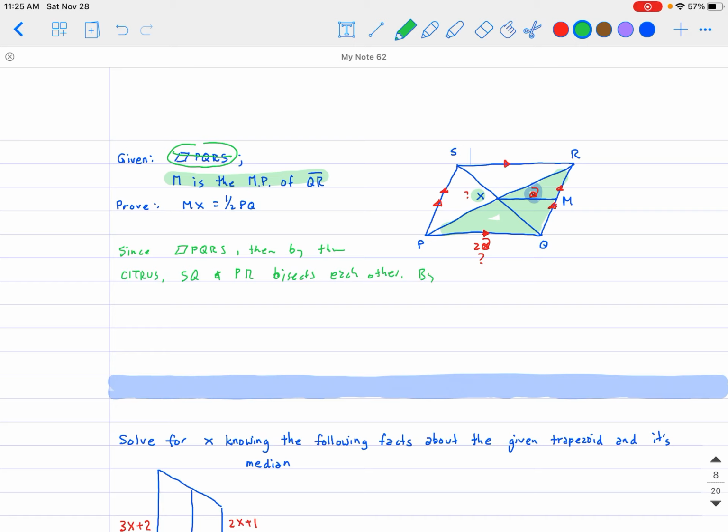Okay. And then by the definition of midpoint, X is the midpoint of PR.